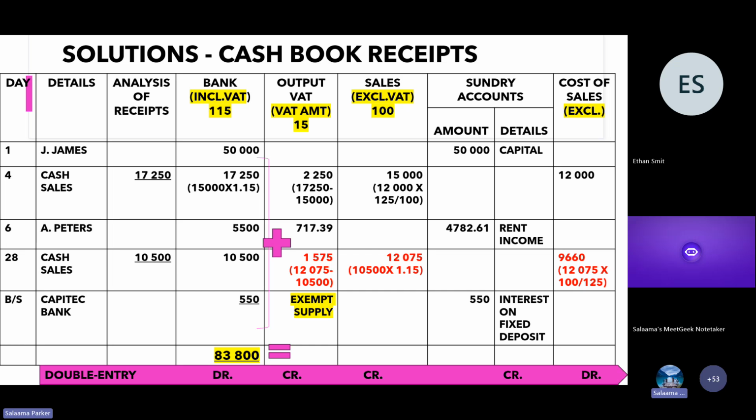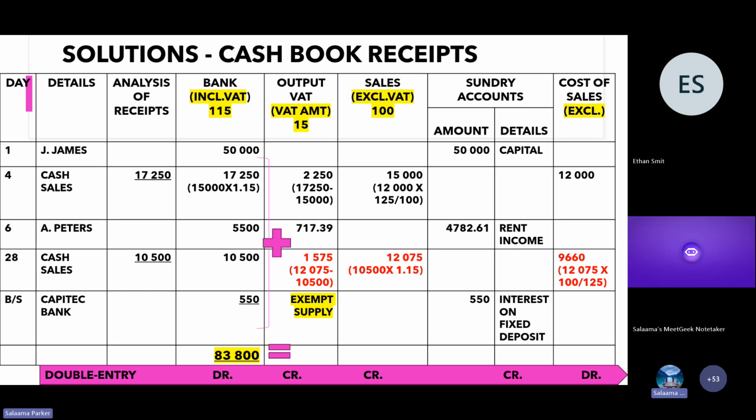Right. So again, you can use what you want divided by what you have, or you divide by 1.15, the easier method. And then once you have that amount, you will do your calculations. Please do accept my apology for that. But again, once you have your exclusive, the VAT amount will be the inclusive minus the exclusive.